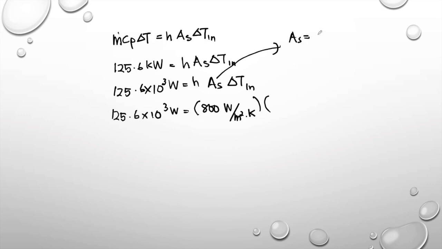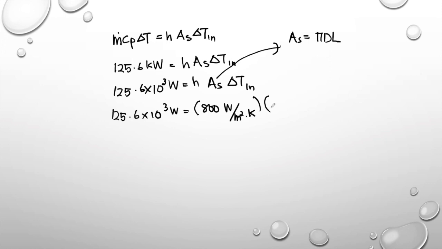We know that As is pi D L. So L will be unknown because this is our objective, so we will keep it unknown until we rearrange the equation.